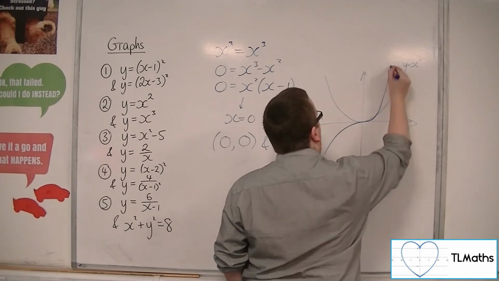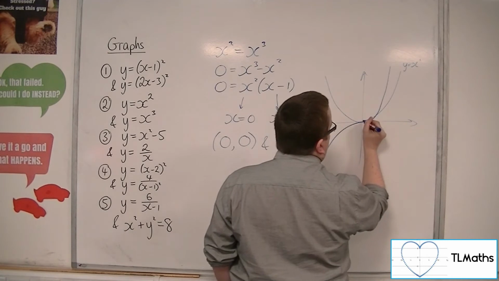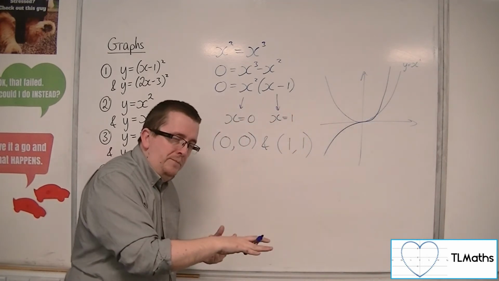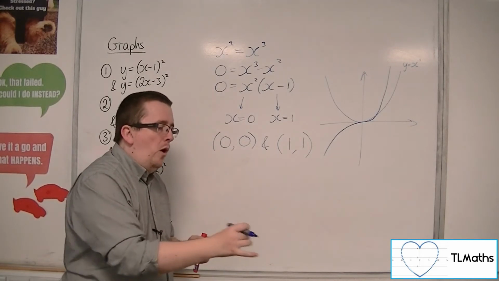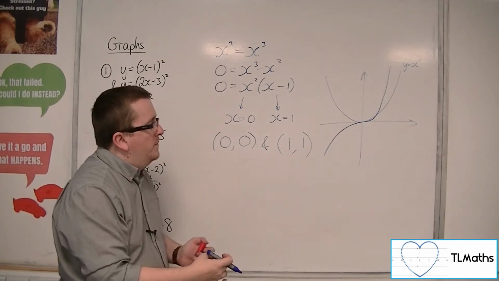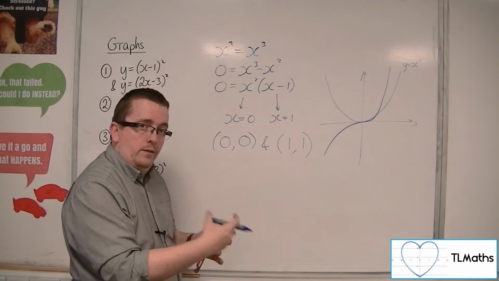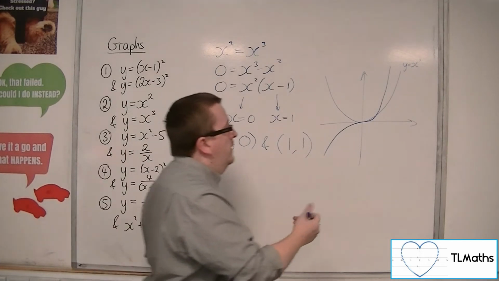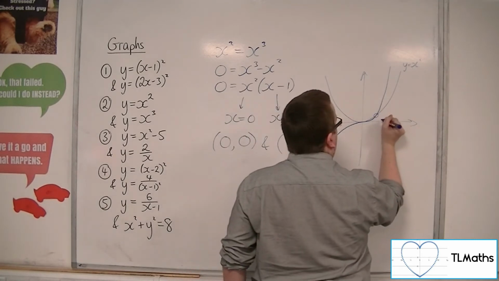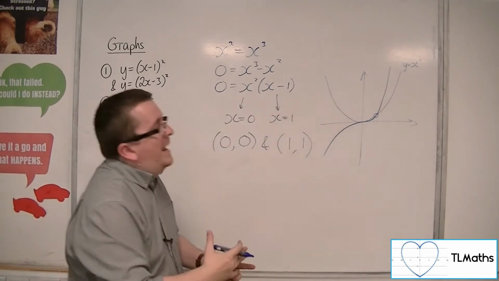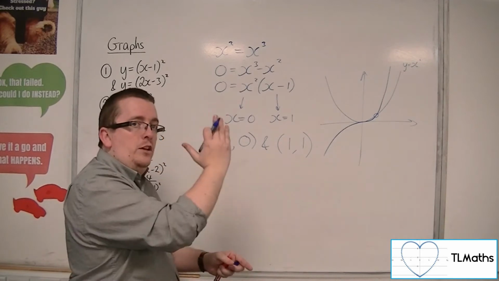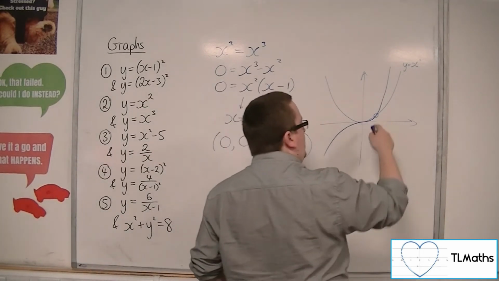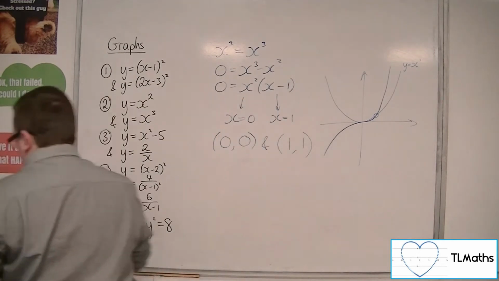Between 0 and 1, x cubed increases slower than x squared. But when you hit 1, that's where they are the same, and then x cubed takes over and increases more rapidly than x squared. So you've got the two intersection points.